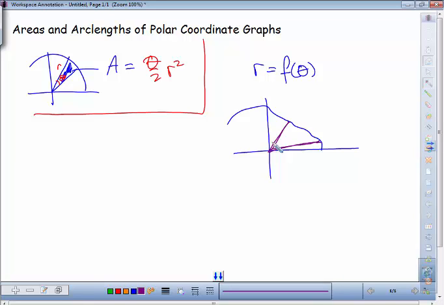That doesn't make sense here. We're looking at the area from the origin to the graph, spread out over some values of theta. So we could take a look at a couple of angles, theta 1 and theta 2, and then we want to find this area over here.